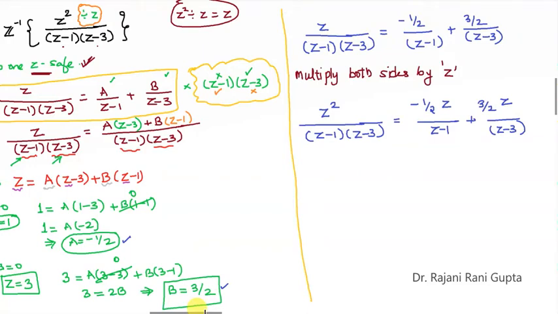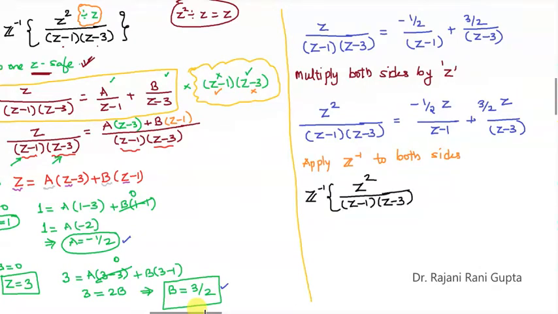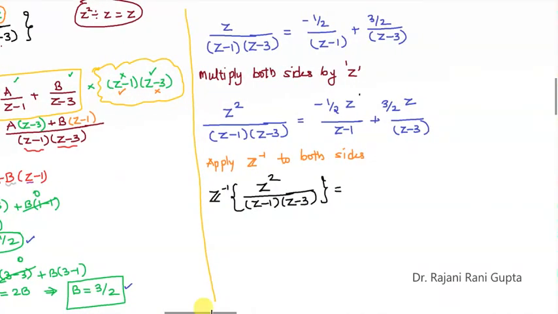Okay, so now apply the inverse z transform on both sides. So what we will get? Finding the inverse z transform of z square over (z minus 1)(z minus 3) is the same as finding the inverse z transform of these two terms. Now minus 1 over 2 is a constant, we can take it outside.